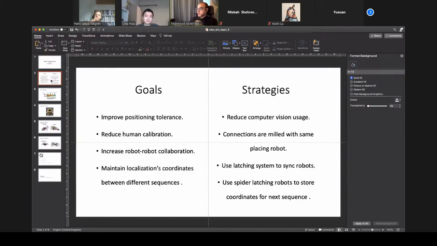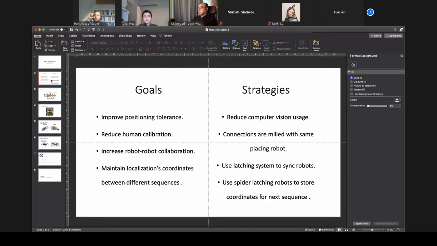Our goals: to improve the position tolerance, and also to automate the calibration process a bit, to reduce the human calibration and increase robot-to-robot collaboration. There was also an issue that every time you move the robots, you need to recalibrate again, and then there will be human interaction again as part of the process.